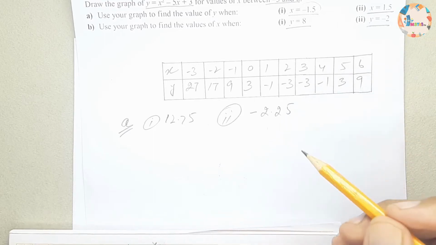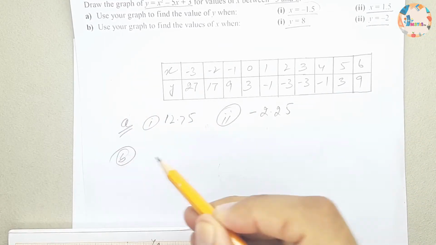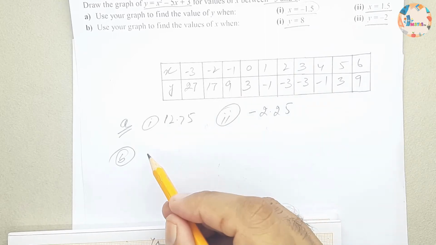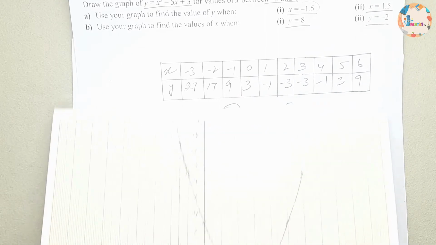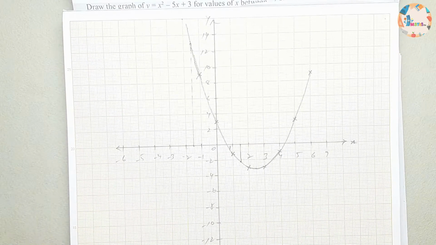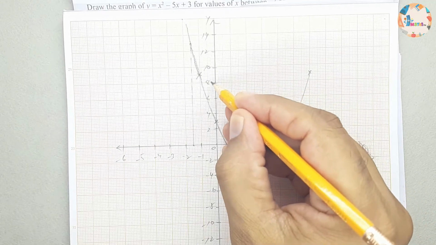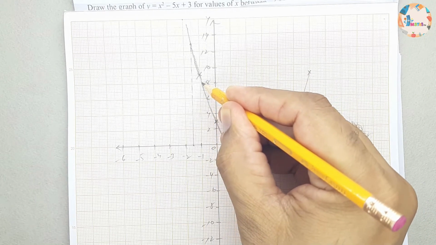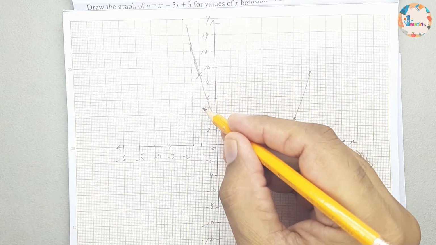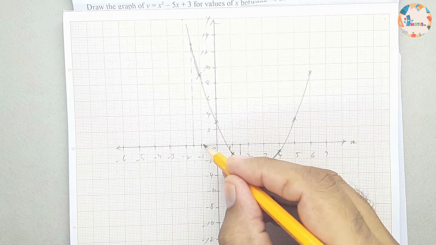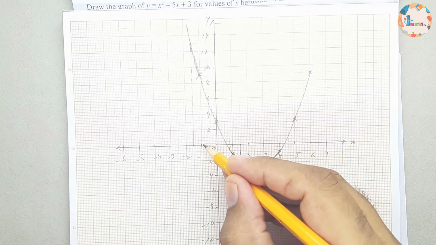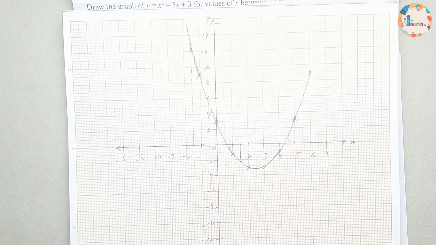Similarly for B part also, B1 is saying when y is equal to 8. When y is equal to 8 means this one. When y is equal to 8, x value will be this one. So x value will be, you can write as minus 0.9.